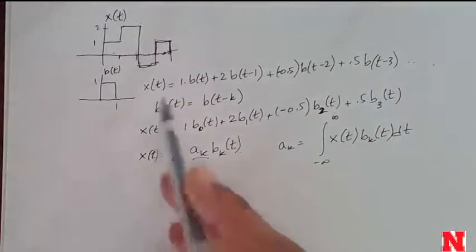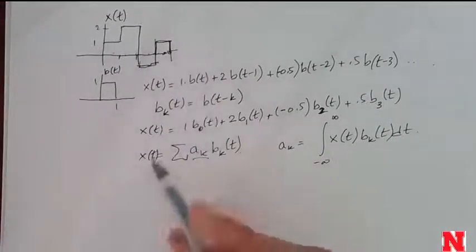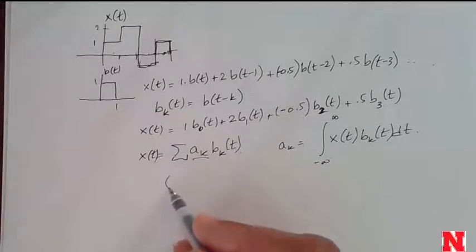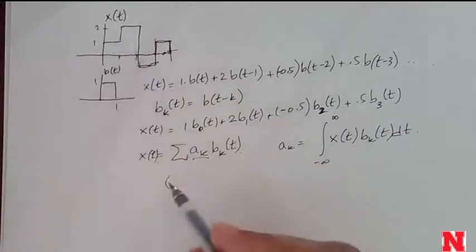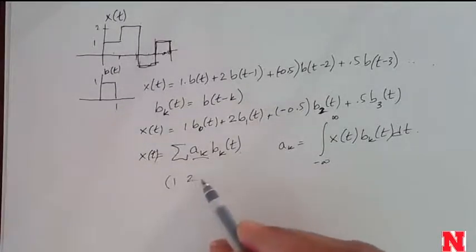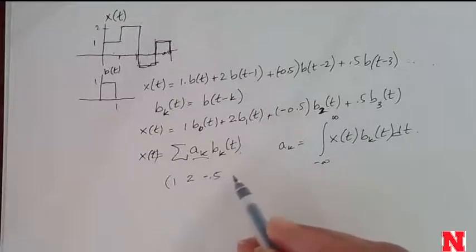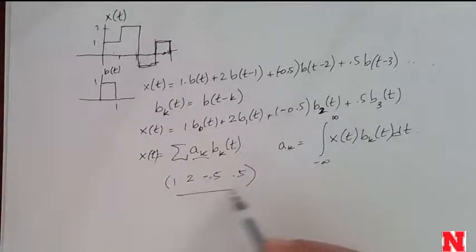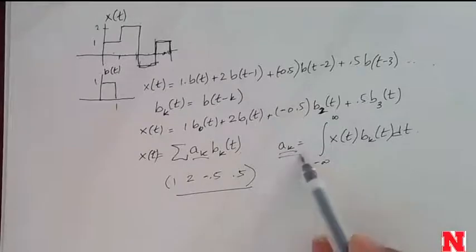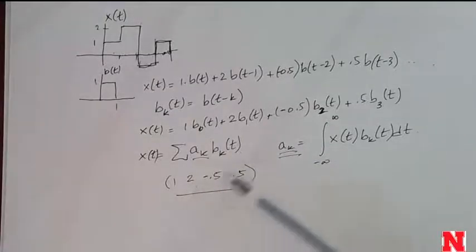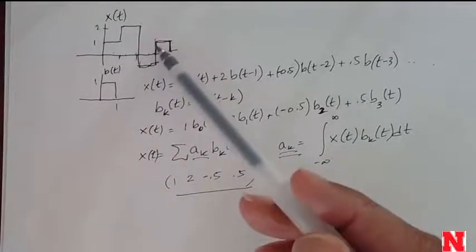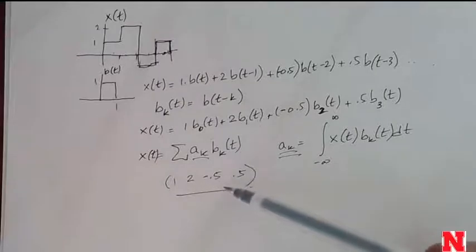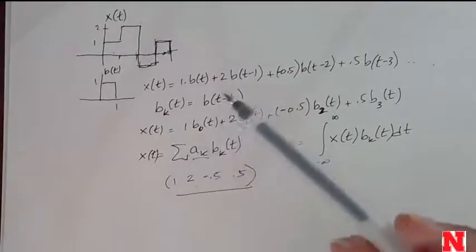In this case, I could take any of these signals and write them as a vector. For example, this one would just be 1, 2, minus 0.5, and 0.5. And this vector of the coefficients a sub k would represent this signal. And once I have a vector, then I can do all the things that you can do with vectors.